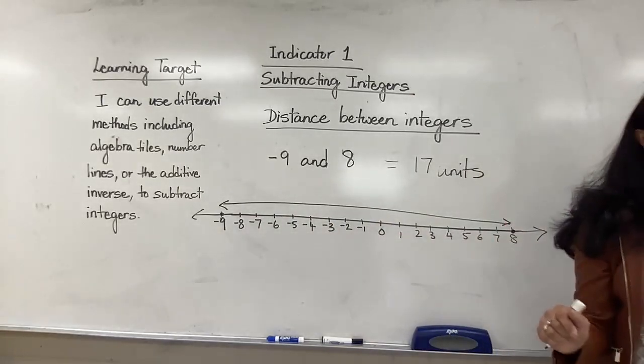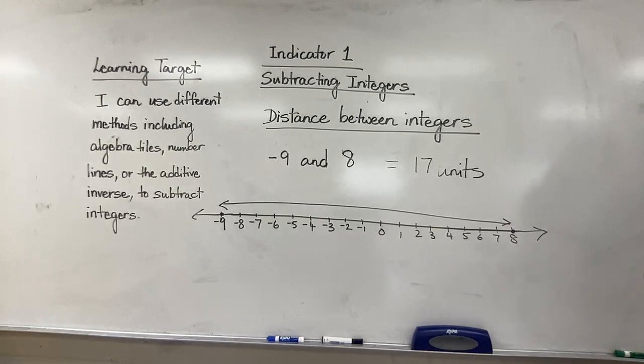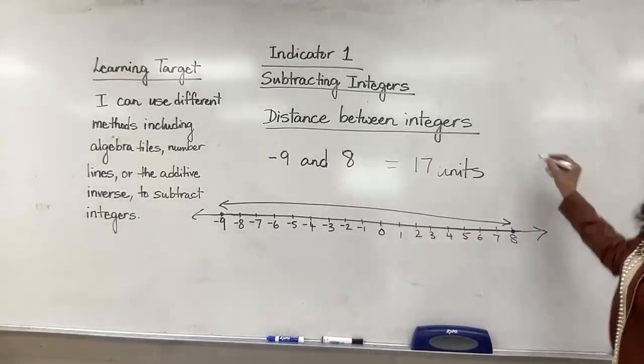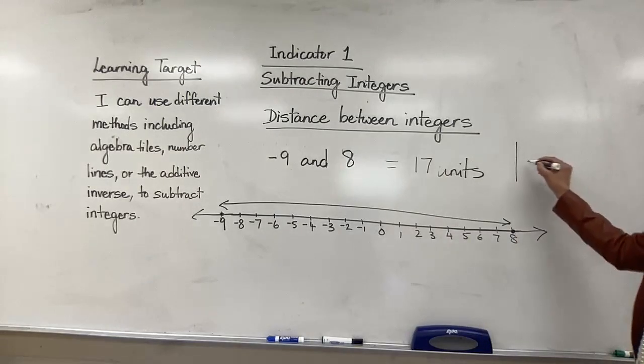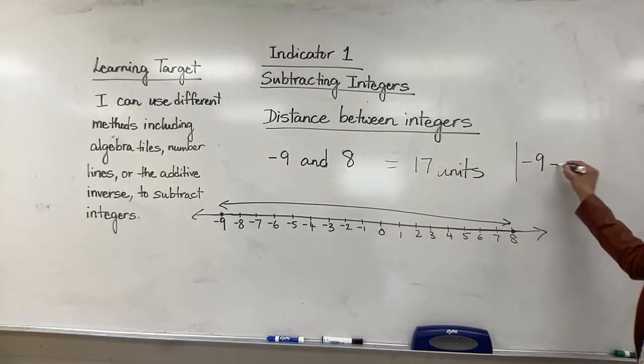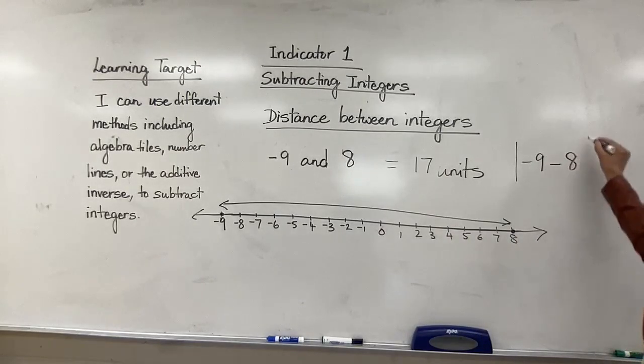So one thing is that you can look at it on a number line, or in order to find the distance between integers, you can find the absolute value of their difference. Here's my absolute value sign: -9 minus 8, this is what I'm trying to find, the absolute value of their difference.